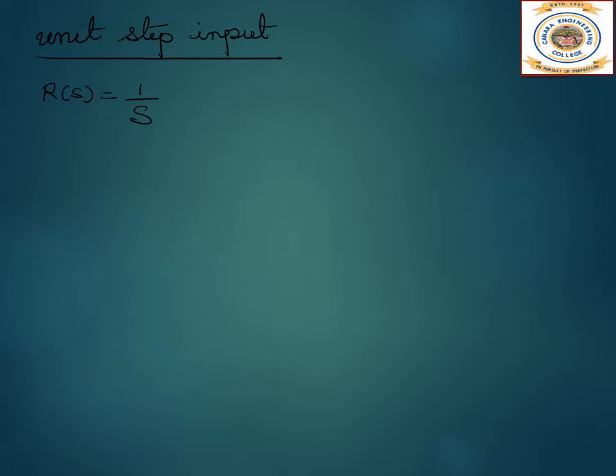What is the steady state error given by ESS? Generalized form first I read. ESS is limit s tends to 0 of s into R of s divided by 1 plus G of s H of s. Now let us substitute for the input.